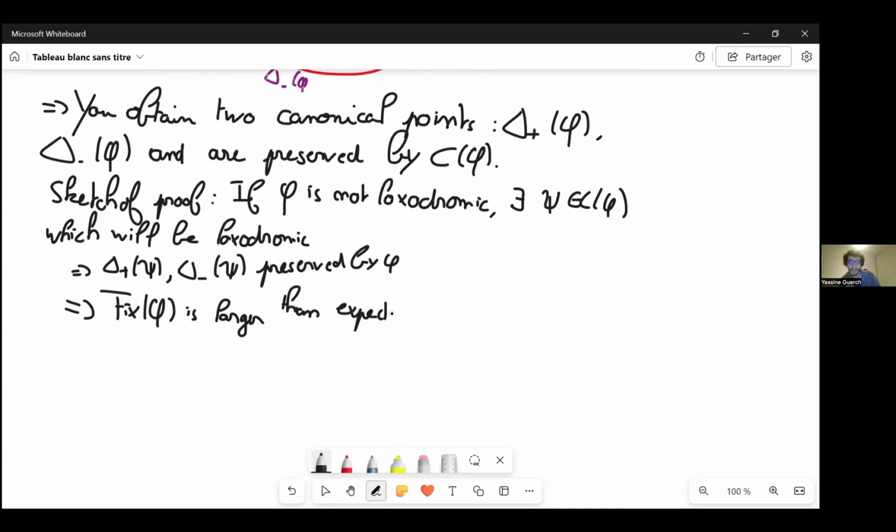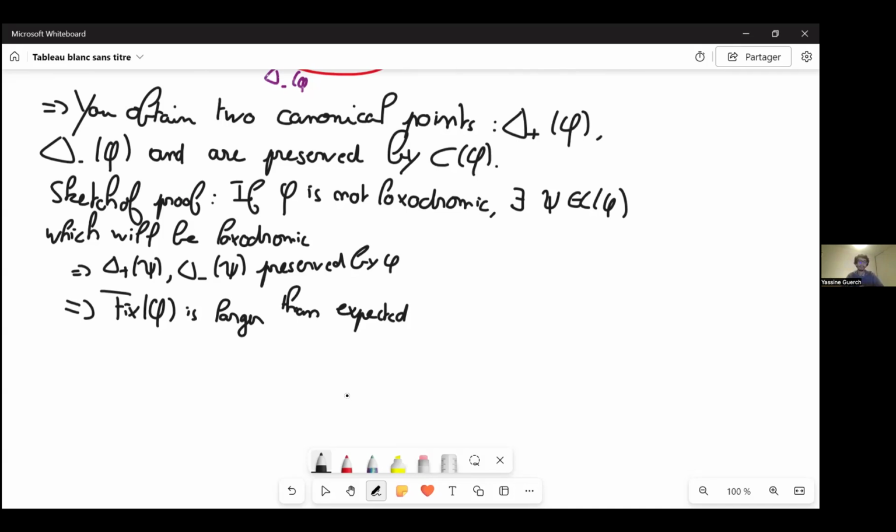So what do I mean by that? It's because we have a complete description of what can be the possible delta plus and delta minus of psi. And if phi preserves both of these points, and if they are not the attracting and repelling points for phi itself, it will force it to fix a lot of FN trees relative to fixed phi.